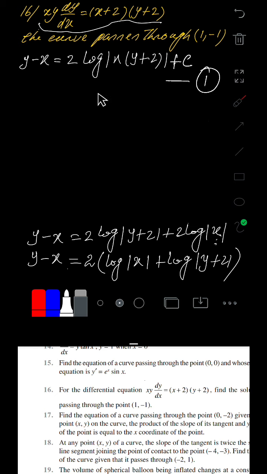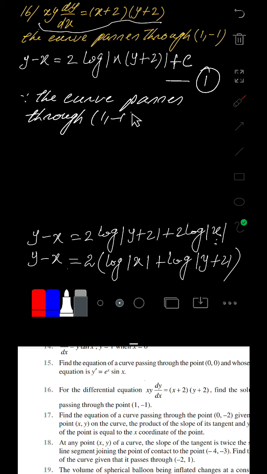So now this is the equation of the curve which passes through the point (1, -1) according to the given question. So we write, since the curve passes through (1, -1), putting x is equal to 1 and y is equal to -1 in this equation, we have -1 is equal to 2 log modulus 1 times (-1 plus 2) plus c.